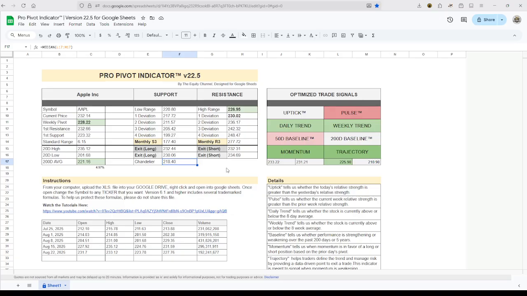And then we'll talk about these levels here, which one of them is the trajectory, which is the level that's attached to this chandelier. So we were looking for more like $7 to the downside here. Boom. And then I'm still above my chandelier. So I'm going to look for us to break back above this point and give me another long entry. That's how you kind of look at it.